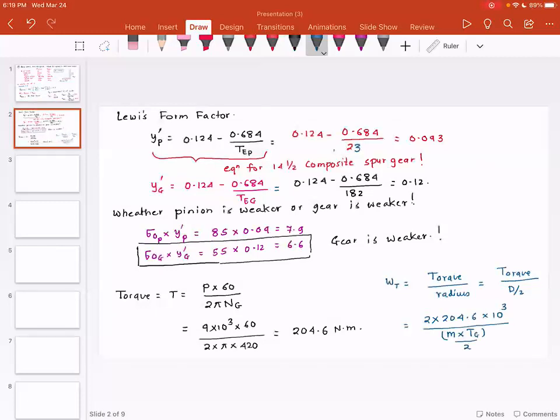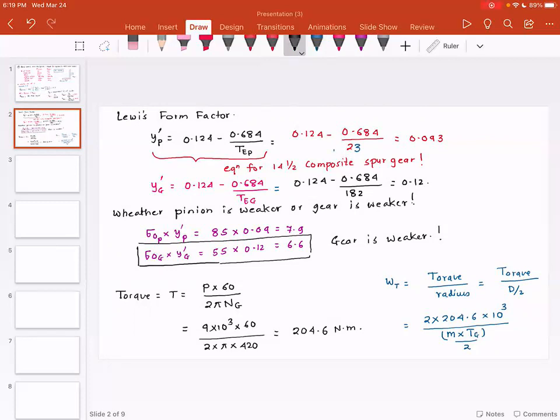Something to note, in this problem the module is not given to us, so we have to find out the module. But we know for sure that the pitch circle diameter of the gear is module multiplied by number of teeth.